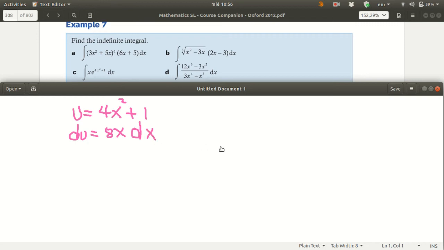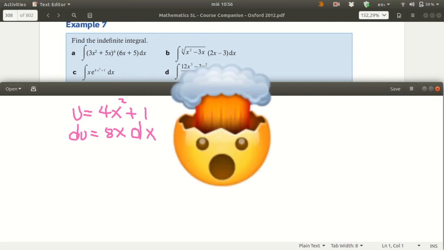Alright, if we look at the expression for part C, we don't have 8x, but we do have x. So we can apply a little trick, which is to multiply by 1, but the 1 that we're going to multiply is a very special way of writing 1 that's going to allow us to use the substitution method in this case.